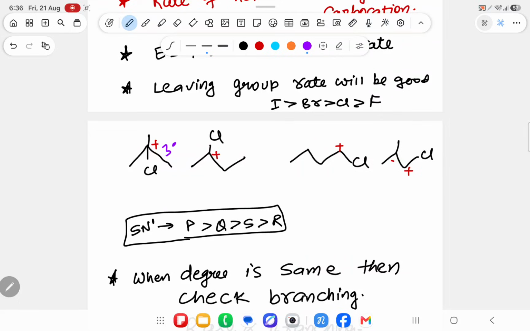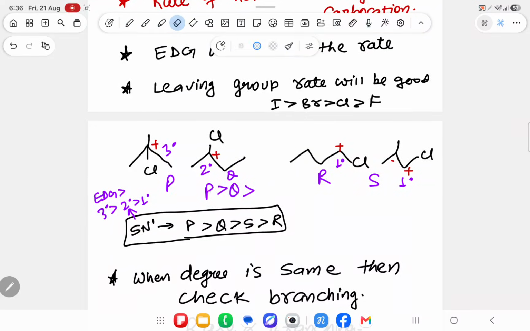So without any doubt, because of the electron donating group in SN1, first of all electron donating group, then 3 degree, then 2 degree, then 1 degree, opposite to SN2. This is 3 degree, this is 2 degree, this is 1 degree, this is also 1 degree. So 3 degree will be more, P. Then after that Q, so P, Q, R, S. So first P, then after that Q.